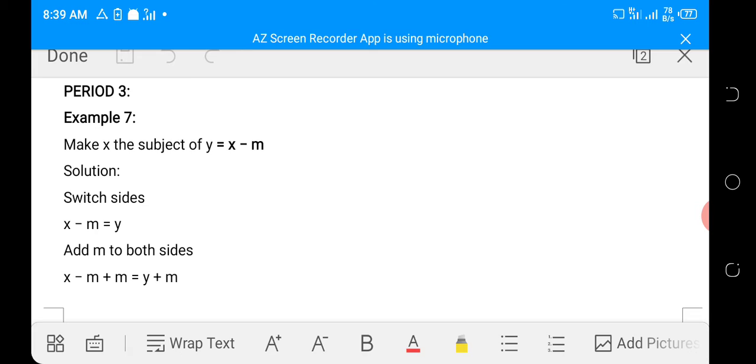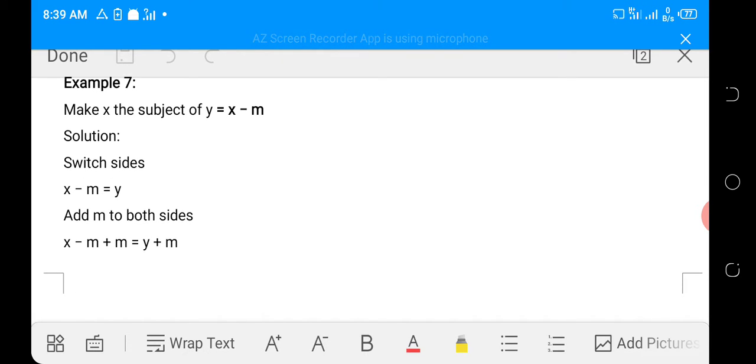Example 7. We've looked at 6 examples so far, so we continue with example 7. Make x the subject of formula y is equal to x minus m. Solution. The first thing we have to do is to switch sides. So x minus m is equal to y.